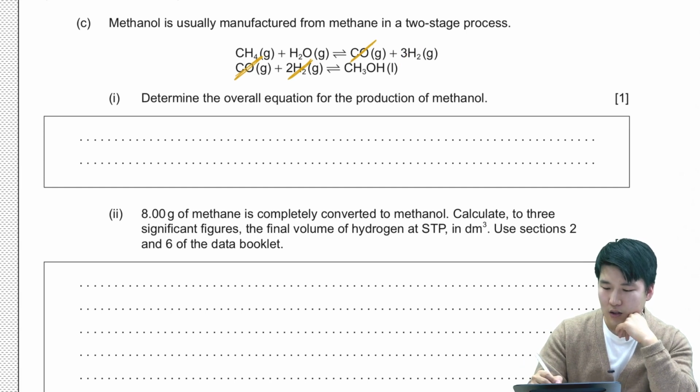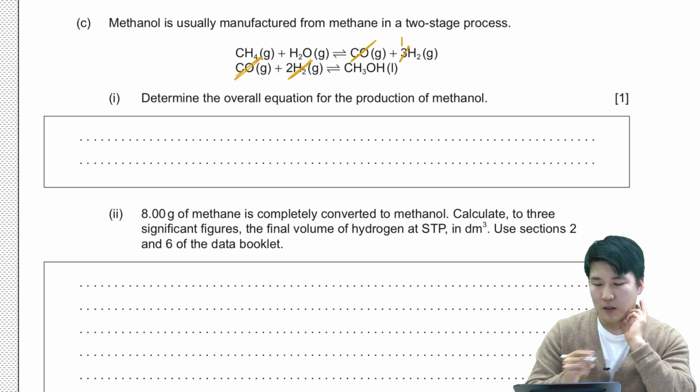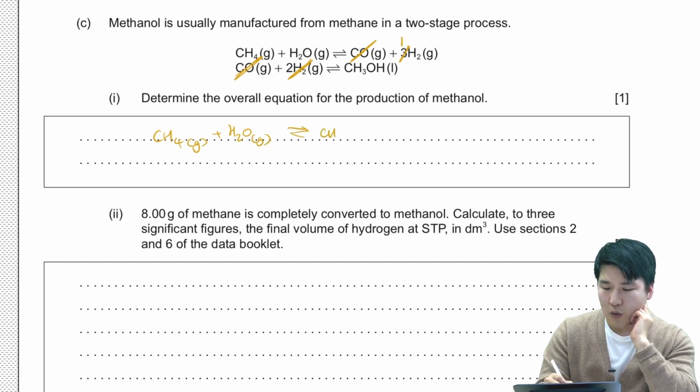Specifically speaking, there will be one hydrogen remaining at the product side, meaning we will be starting with the reactants methane and water only, giving our methanol and single hydrogen.